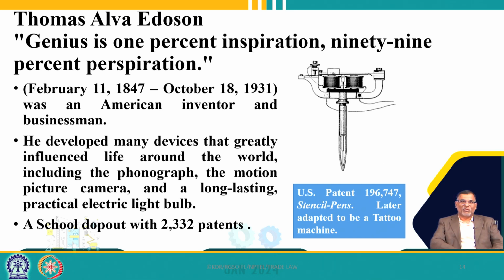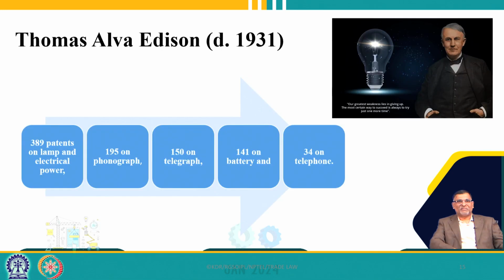Now you can see something like a tattoo machine at that point of time. The tattoo machines were made in the US many years back and were patented by Thomas Alva Edison. You get tattoos now, but the machine was patented many years back.